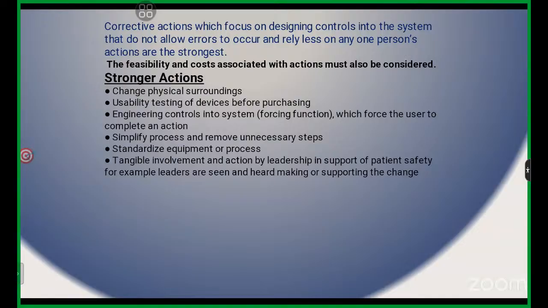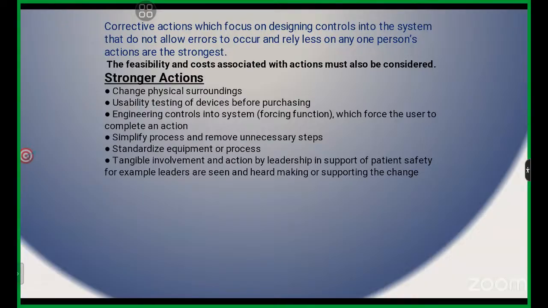For stronger actions, there are things you need to consider, especially when we have very high risks that might come into play. Are you able to change the physical surroundings so that you can avoid these high risks? That's based on the risk priority numbers that we looked at before. The usability testing of devices before purchasing is a very strong action.